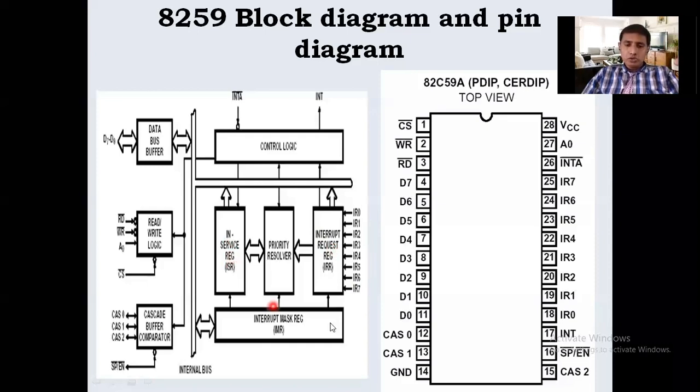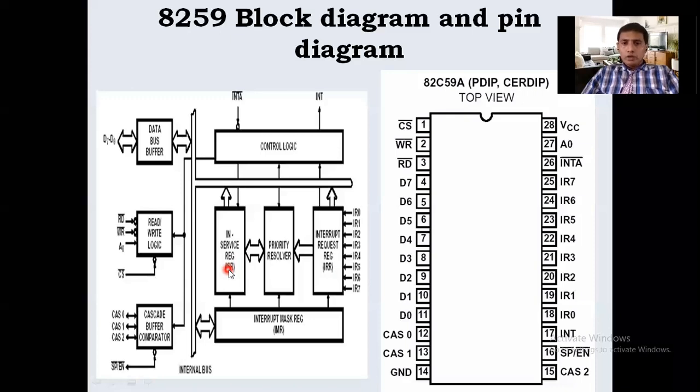The interrupt mask register stores the masking bits of the interrupts. If any interrupt is masked in the software or program, those interrupt requests are not recognized by the interrupt request register. And the interrupt service register processes the interrupts based on the program specified by the operational control word register.